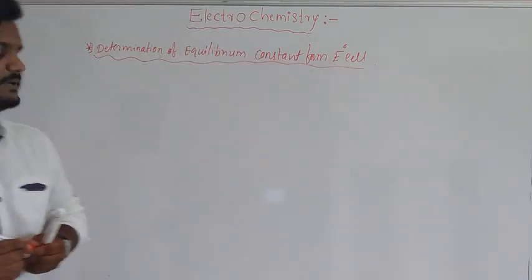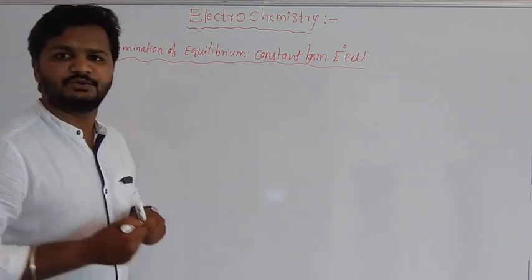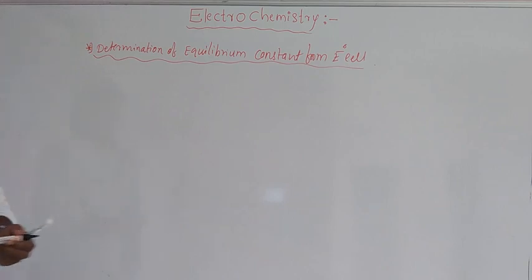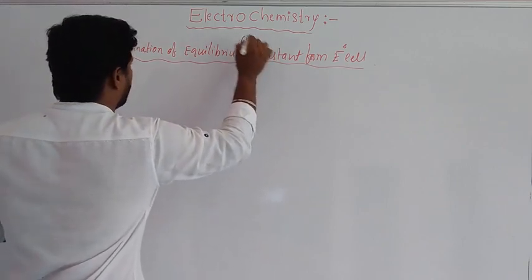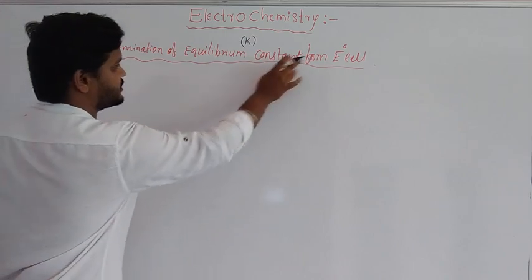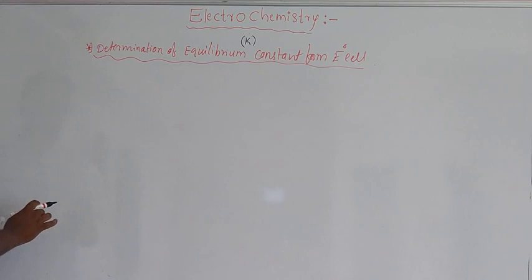So this is the simple expression. Student, here equilibrium constant means K. Determination of equilibrium constant from E0 cell. It is a very simple derivation.